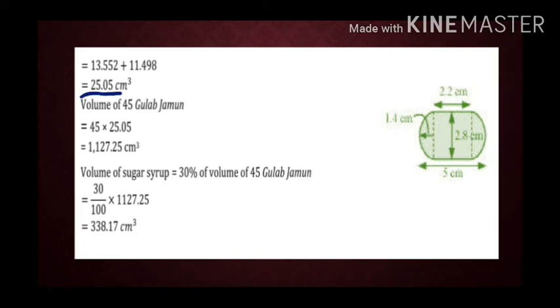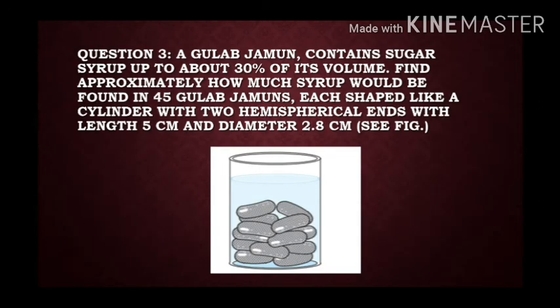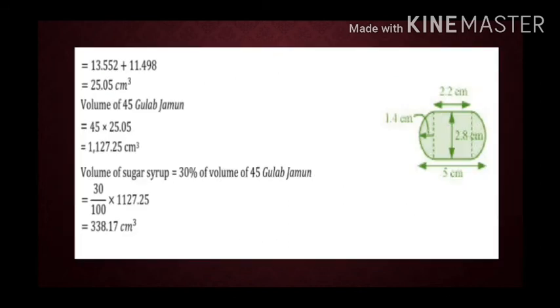Now, how many gulab jamuns are there? 45. So, the volume of 45 gulab jamuns is 45 into 25.05, that is this much. Now, in the question look at here, a gulab jamun contains sugar syrup up to about 30% of its volume. Find approximately how much syrup would be found in 45 gulab jamuns.